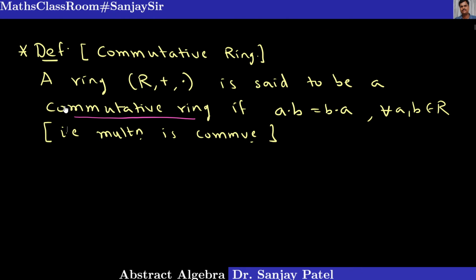Another important thing about the second operation is we can define the identity element for the operation of multiplication, and that identity element is given a special name and it is known as unity element. So let us define this.